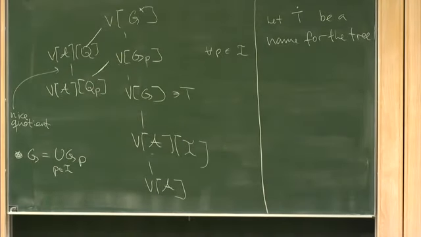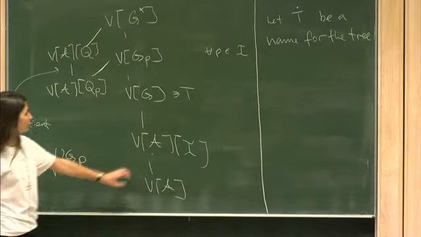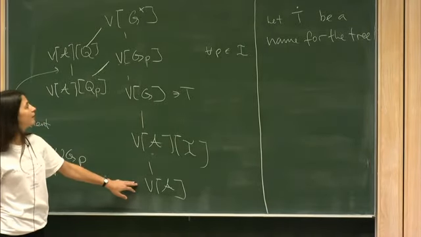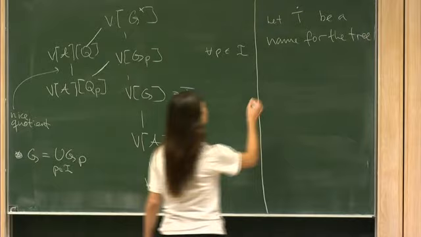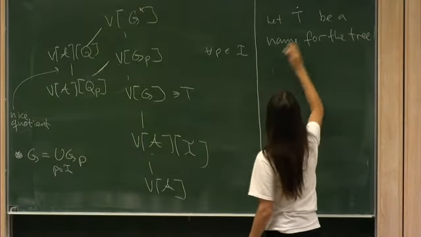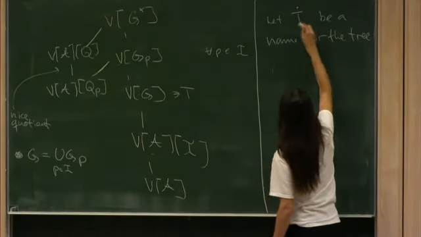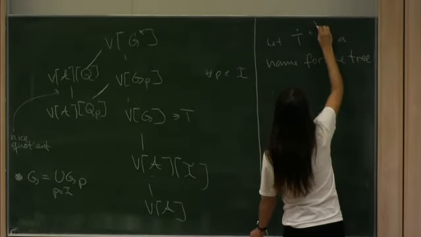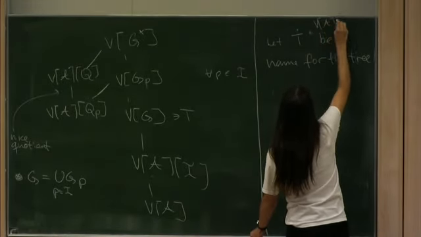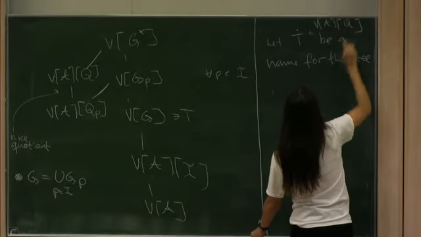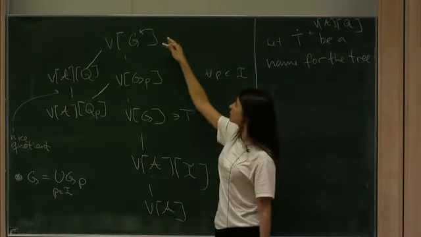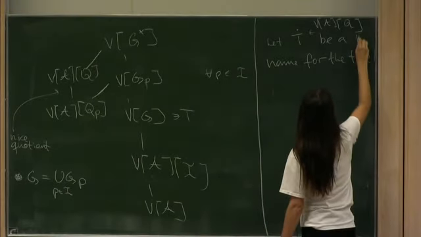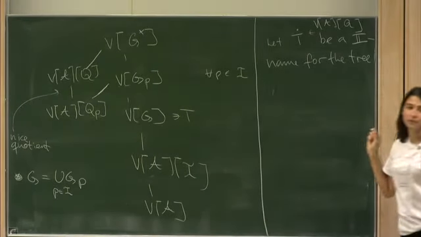But by getting an appropriate name for this tree in V[A], one can define names T dot where T dot is in V[A][Q], because now that the tree is also here, we can take a Prikry name for the tree.